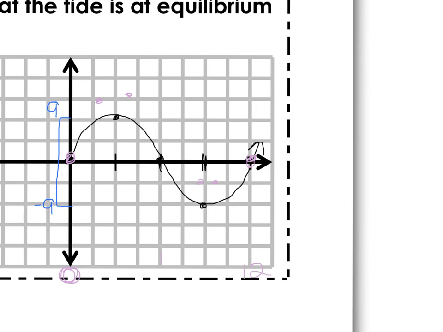Halfway between 0 and 12 is 6. Halfway between 0 and 6 is 3. So the conclusion we can draw is that each of these 2 blocks here horizontally represents 3. So 6 plus 3 gets me a value of 9. And here is our graph for this tide function.